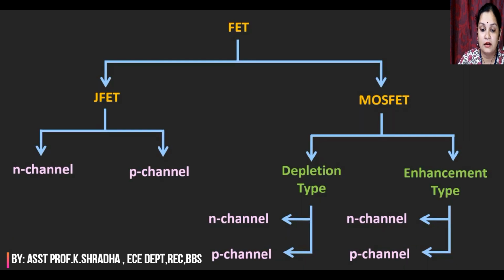So these are the two types of MOSFET, and these can be further classified as either N channel or P channel MOSFET. So these are the basic types of FETs, and of course there are other types of FETs which we will discuss later in the topics.